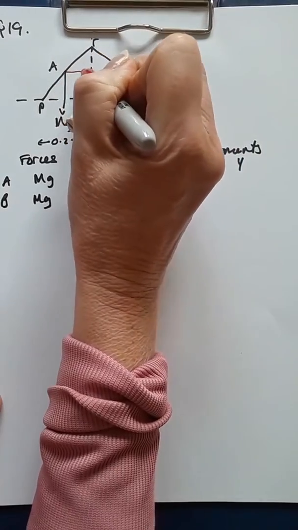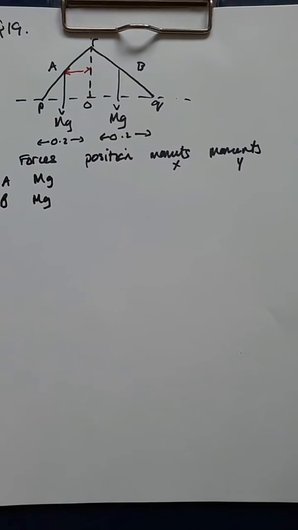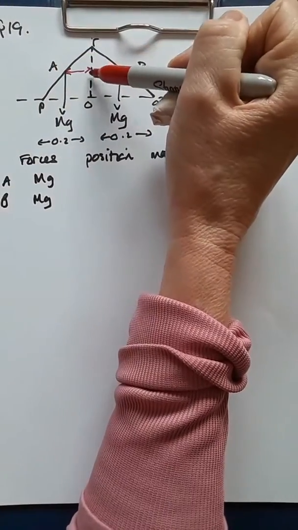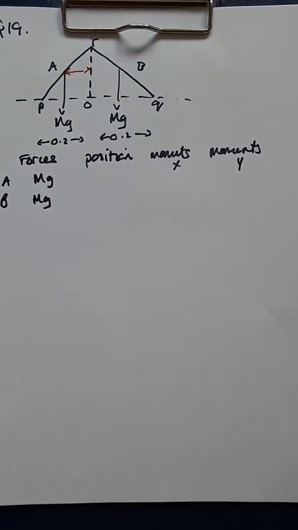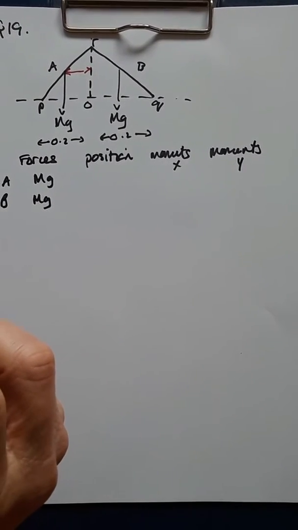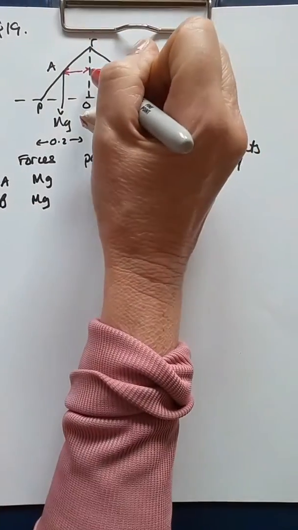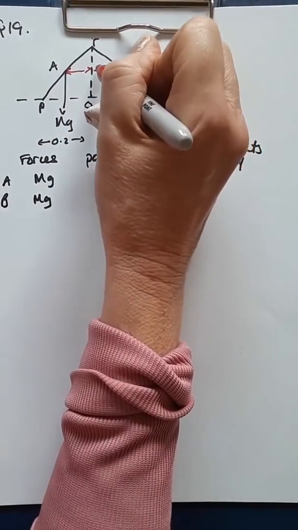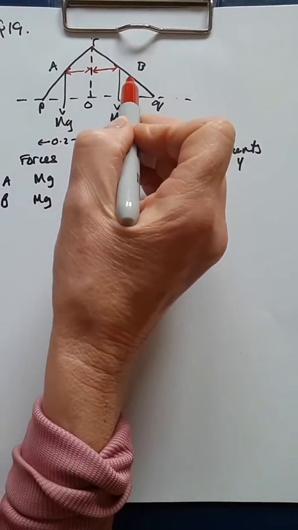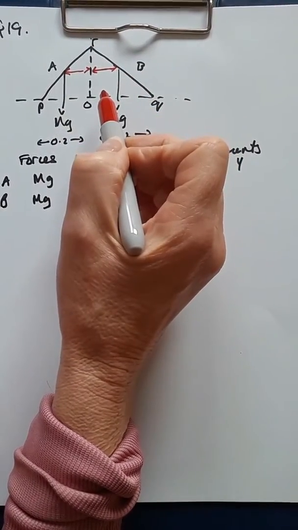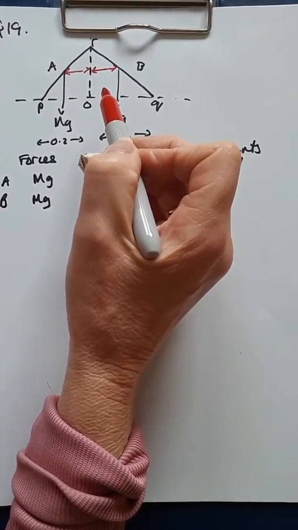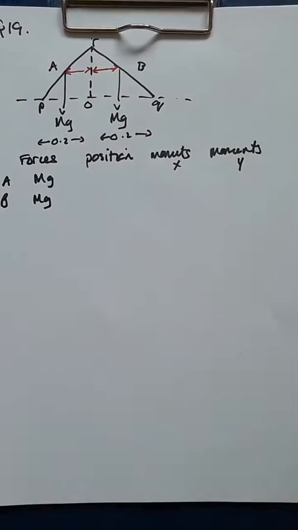So from here to here, that's the distance. And from there to there, of course, that would be the distance. B rod will be the same. It acts halfway along, so therefore, it's going to be at position 0.1.